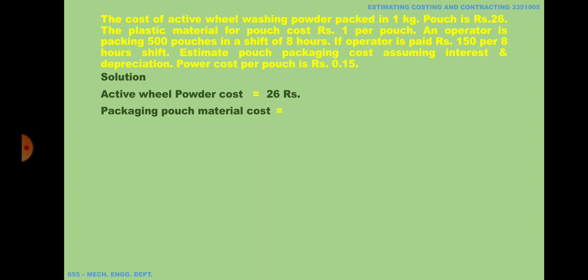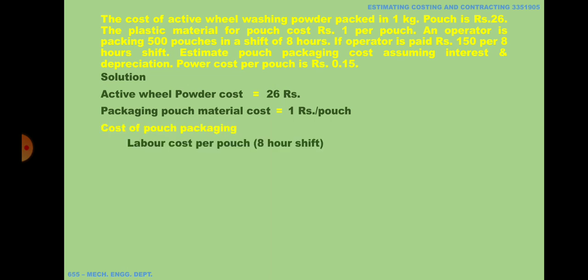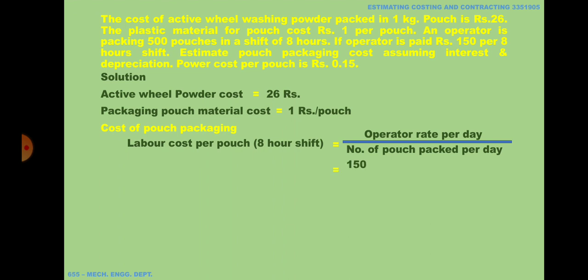What is the price of the pouch? 1 rupee. Now the cost of pouch packaging. Labor cost per pouch in an 8-hour shift is equal to operator rate per day into number of pouches packed per day. Operator rate is 150 per 500 pouches packed per day, so it is equal to 0.3 rupees per pouch. It is the labor cost.